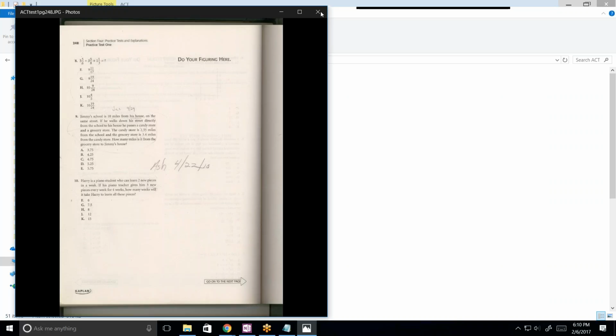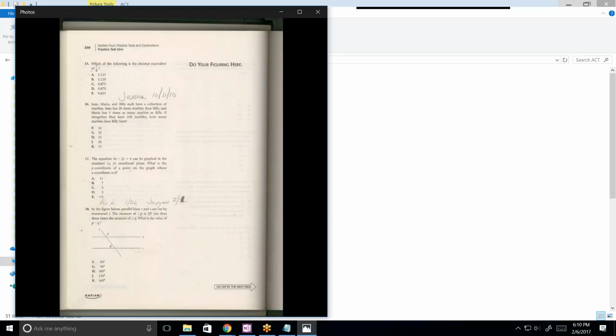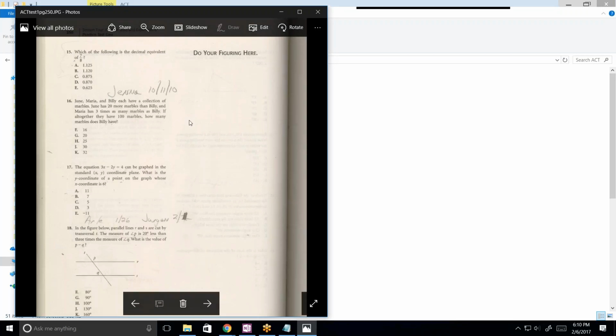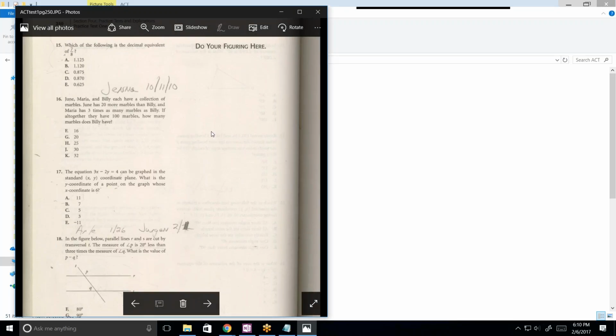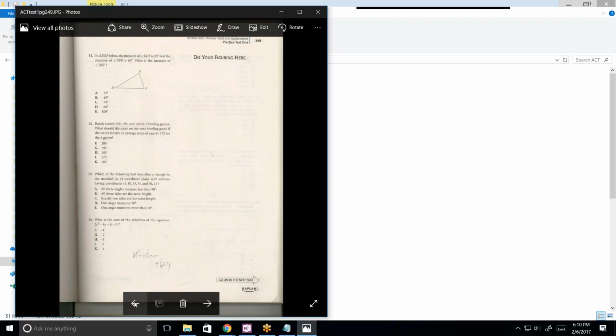Nope, not quite. Must be this page. Did we do this 15? I don't know if you can see that or not. Which of the following is the decimal equivalent? I don't remember doing that with you. No, I don't think we did that 15. Let me make sure I'm on the right test here.